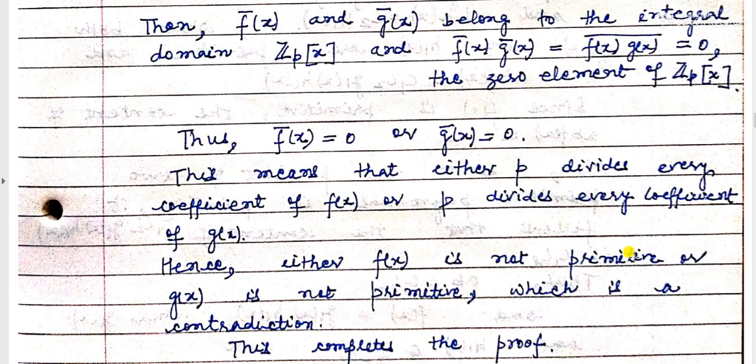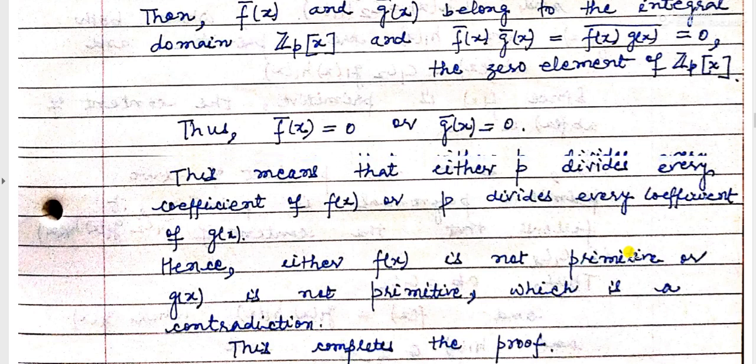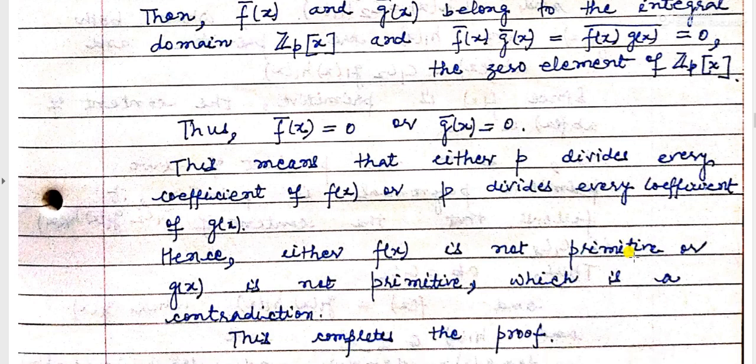Hence either f(x) is not primitive or g(x) is not primitive, because p is dividing every coefficient of f(x). Then at least p is a common divisor, so the content cannot be 1, so it is not primitive.